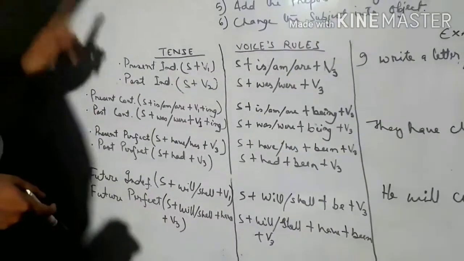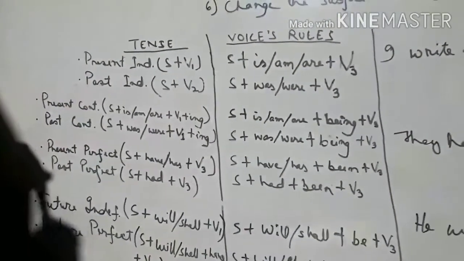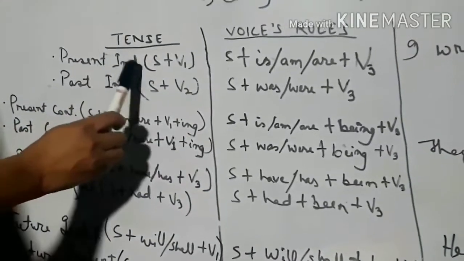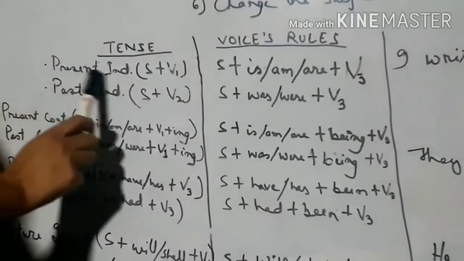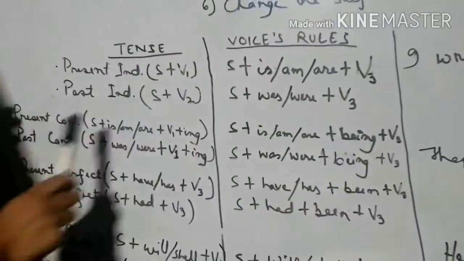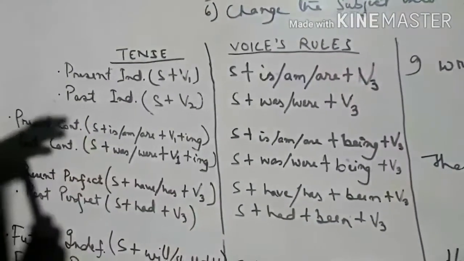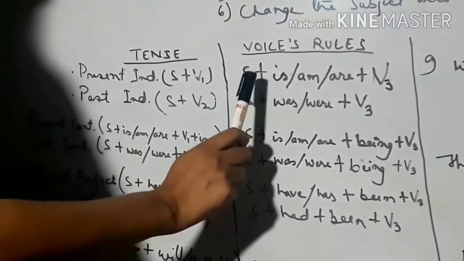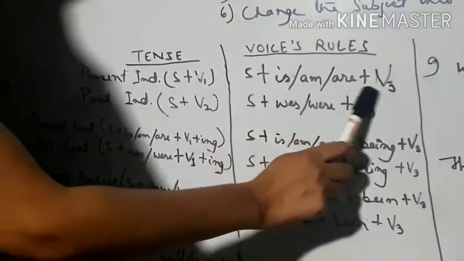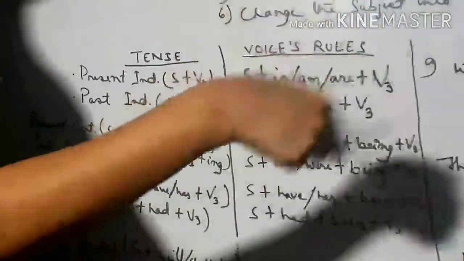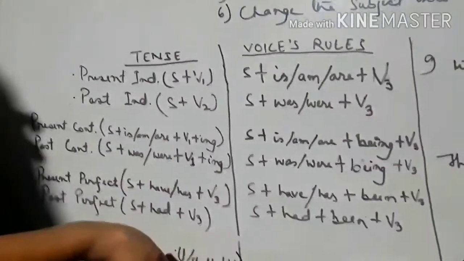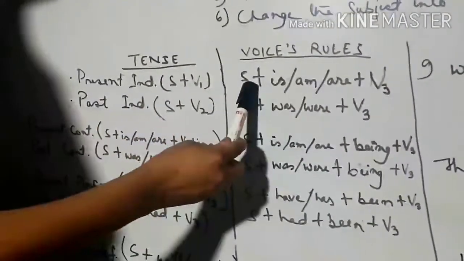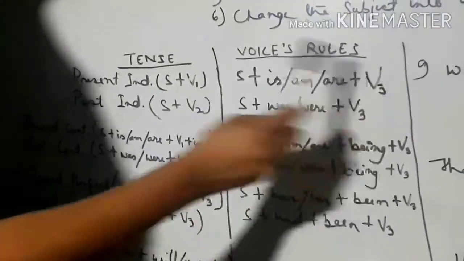First of all, if the active sentence is given in the present indefinite form, that means the sentence structure is subject plus B1, you need to apply these voice rules. Passive: subject plus is, am or are plus B3.